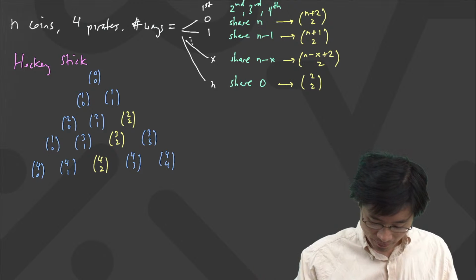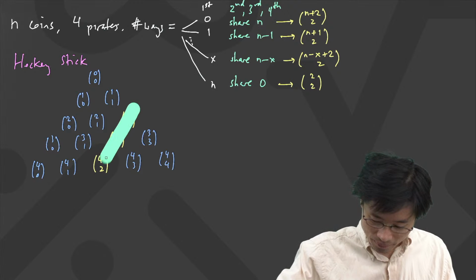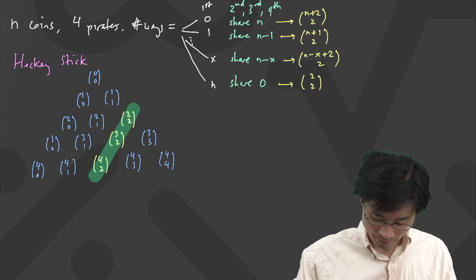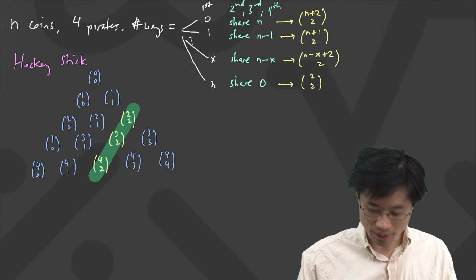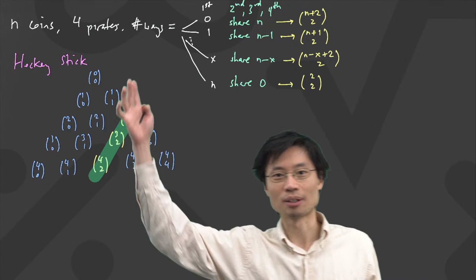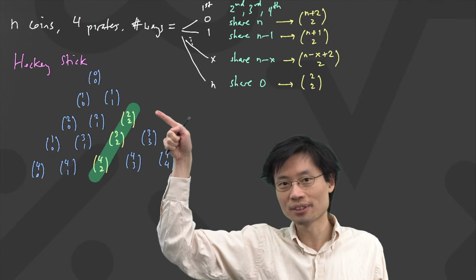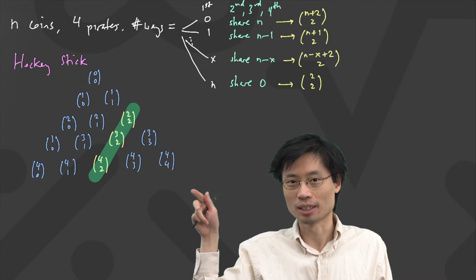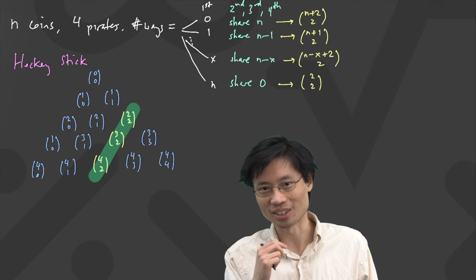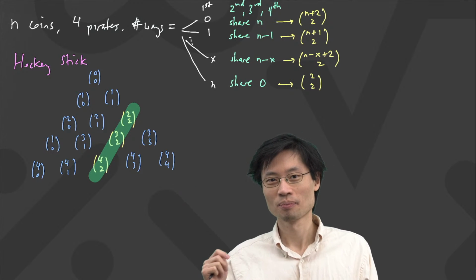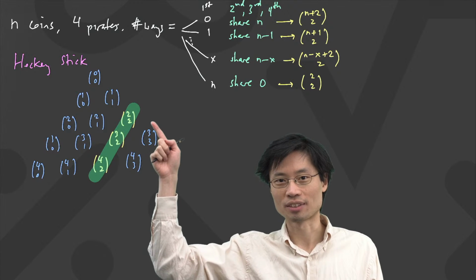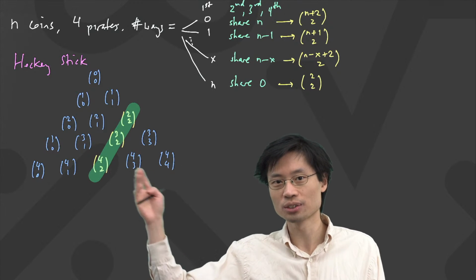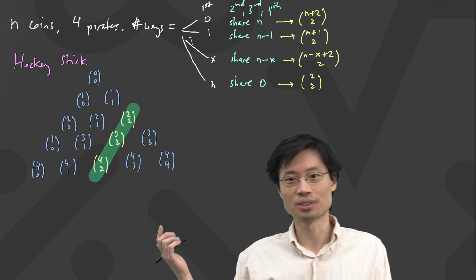So the sum of all of these things, where is that supposed to be in Pascal's triangle? I've drawn Pascal's triangle, and the sum of this particular diagonal is supposed to be a very specific number, at a specific position inside this triangle. Where is it? I've got 2 choose 2, 3 choose 2, 4 choose 2. It's supposed to add up to what choose 3?